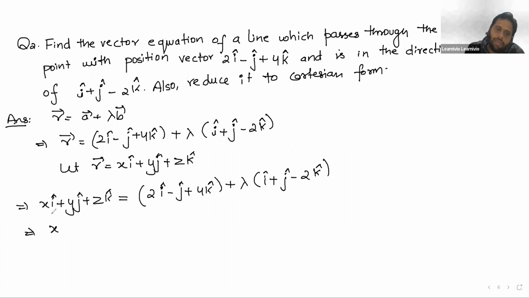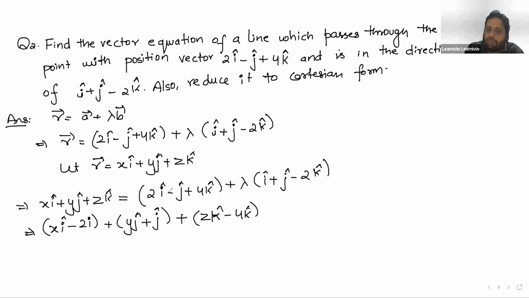This is x i cap, this is 2 i cap, so we can write x i cap minus 2 i cap. Then plus y j cap and here plus j cap, this becomes positive, plus z k cap minus 4 k cap.